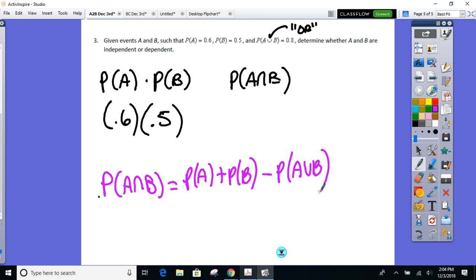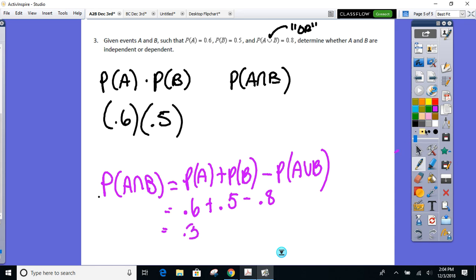Okay, so go back to that problem now. A was 0.6, B was 0.5, and subtract out 0.8. So what's the A and B here? 0.6 plus 0.5 minus 0.8 is 0.3.